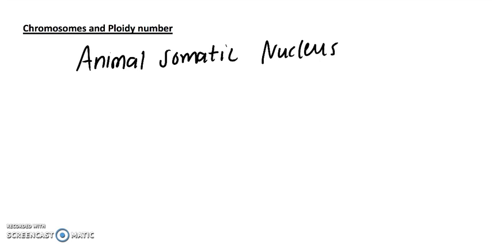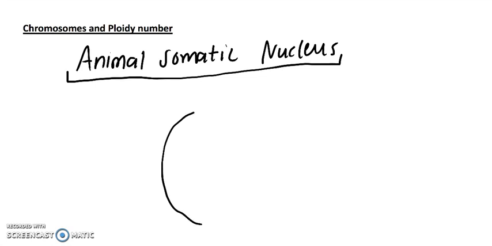Now for chromosomes. Let's take a look at the nucleus of a somatic animal cell. So here is just my nucleus, and we know that we have DNA here, but I'm going to draw it a bit differently than before.